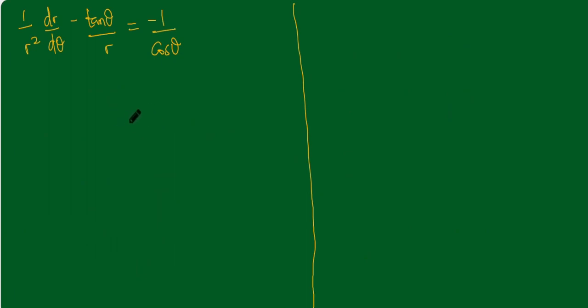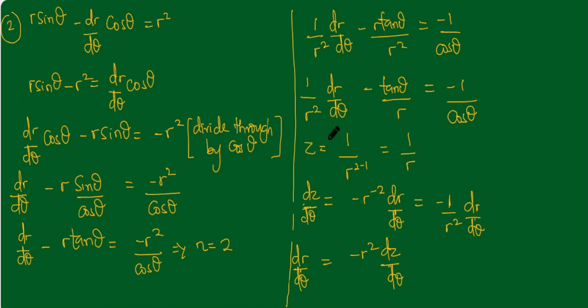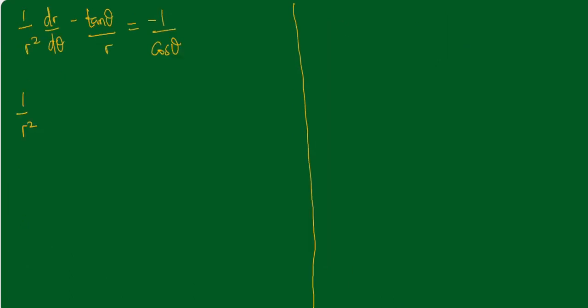So now we can substitute our values of the r, the theta, and the z theta, which we obtained before. So we have 1 over r squared. We obtained the r, the theta from here to be equal to minus r squared dz d theta. So that's what we are going to be substituting here. So this is multiplied by minus r squared dz d theta minus tan theta divided by r is equal to minus 1 divided by cos theta.